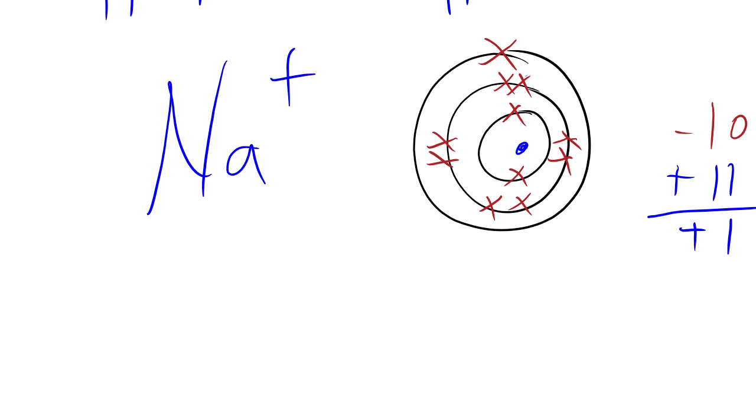Sodium makes a positive ion. Why? Because it always wants to assume the full outermost shell. For it to assume that, it must lose this electron. Losing this electron makes it positively charged. That positive charge has its own consequences.